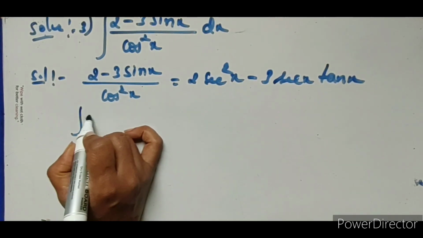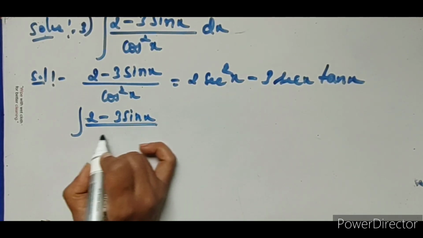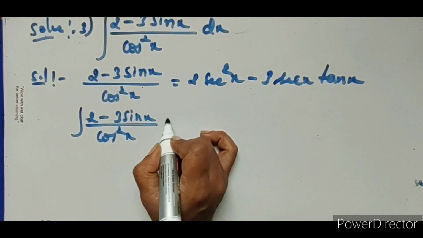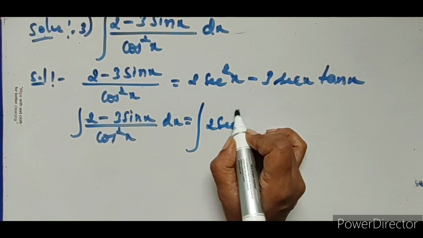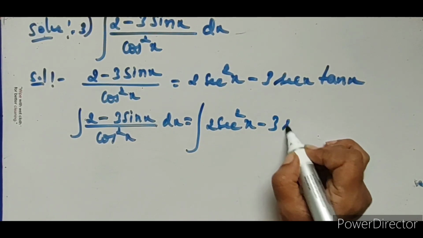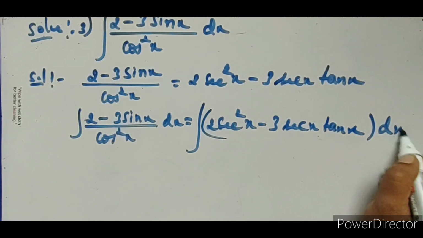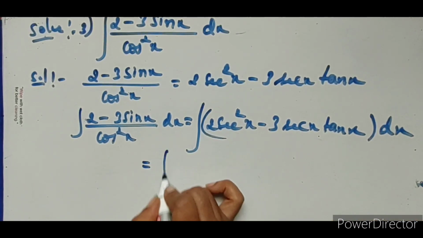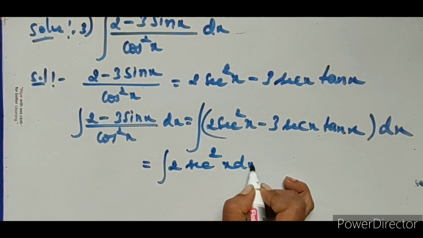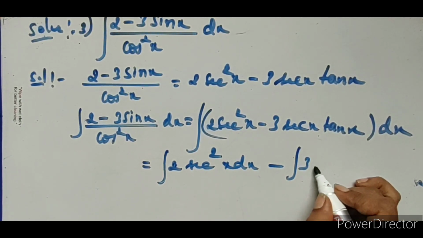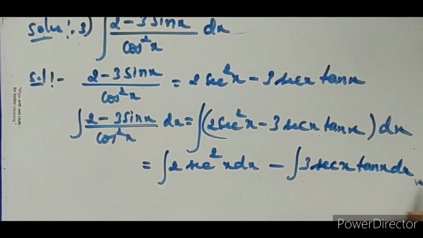Now integration of 2 minus 3 sin x by cos square x dx is nothing but integration of 2 secant square x minus 3 secant x into tan x dx. So now applying the property of integration, it is integration of the first function, 2 secant square x dx, minus integration of the second function, 3 secant x into tan x dx.